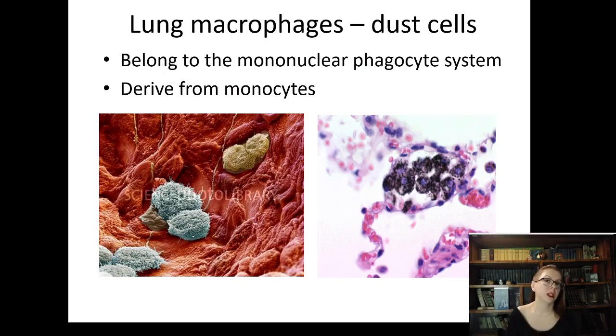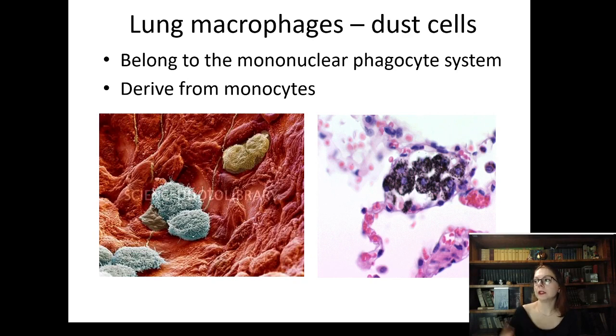Then lung macrophages. This is the third cell population, very important. They belong to the mononuclear phagocyte system. They derive from monocytes. Their main function is phagocytosis of different dust particles and debris possibly present in the terminal portion of our airways. As we have discussed, in the upper part of our respiratory system, the conducting portion, the mucociliary clearance mechanism works, and its sweeping motion results in cleaning and removing of those dust particles.